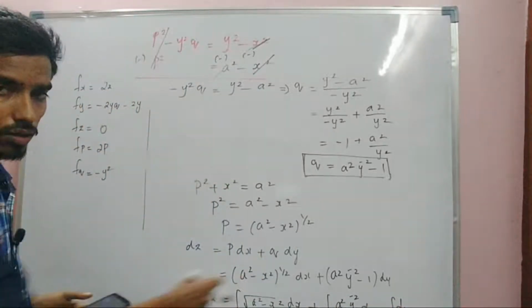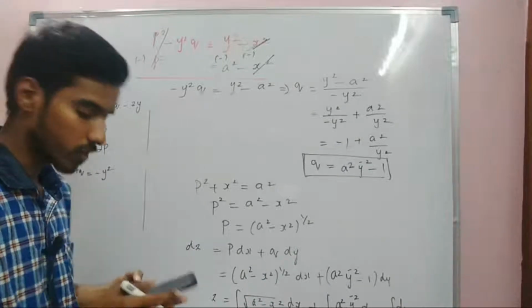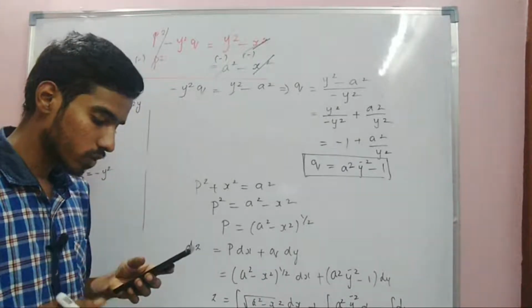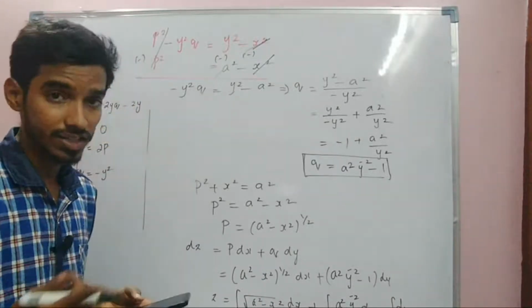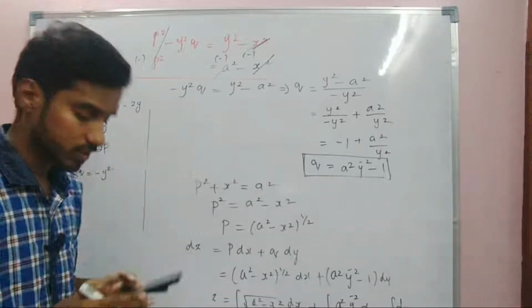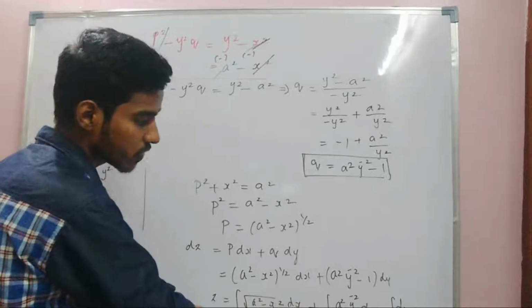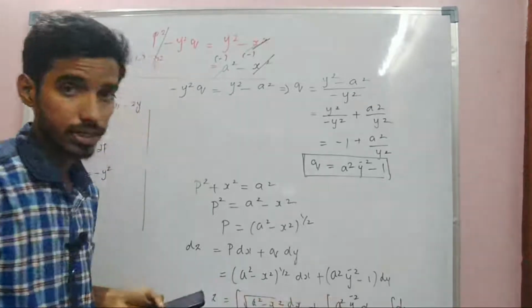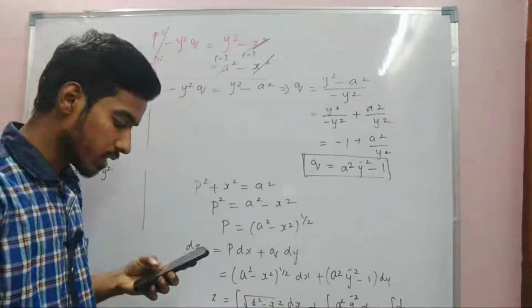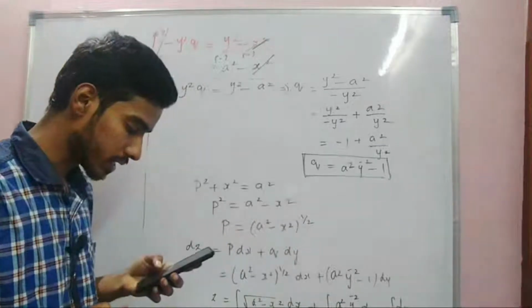Now use the square root of a square minus x square formula. So we apply that formula here, and a square will be constant, so I can integrate y power minus 2 straight away, and that will be y, right?